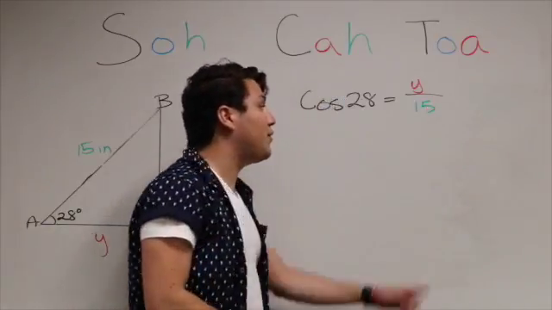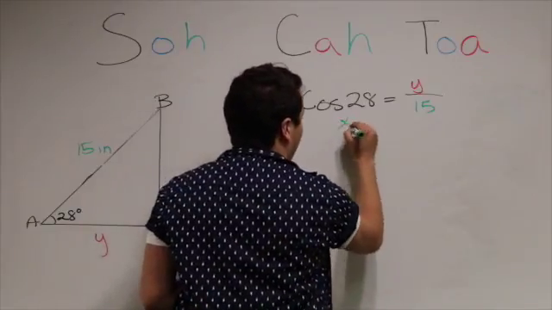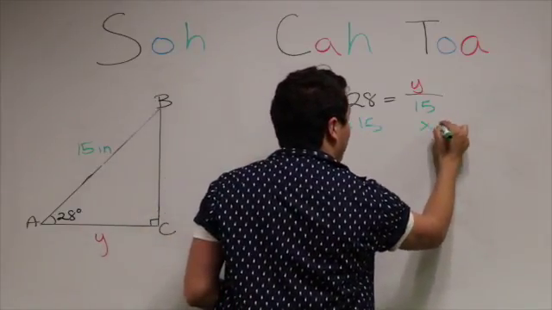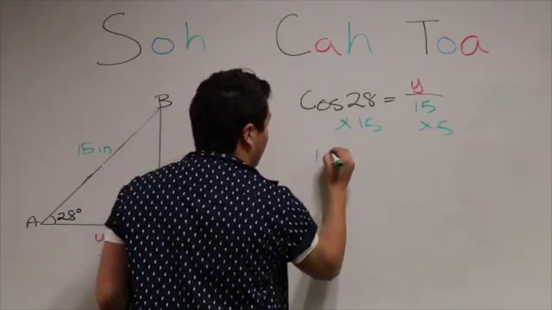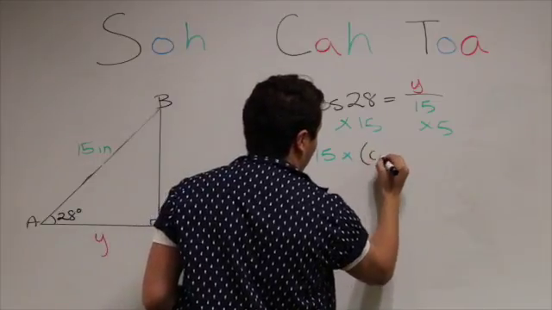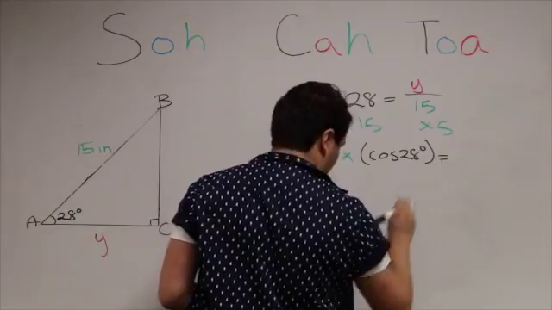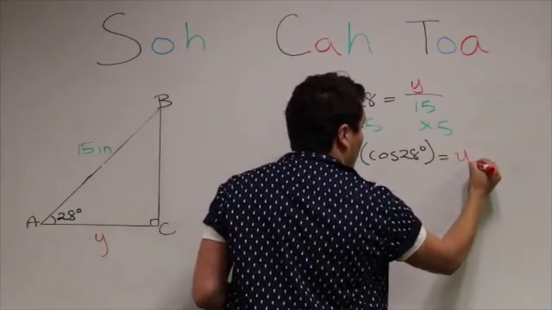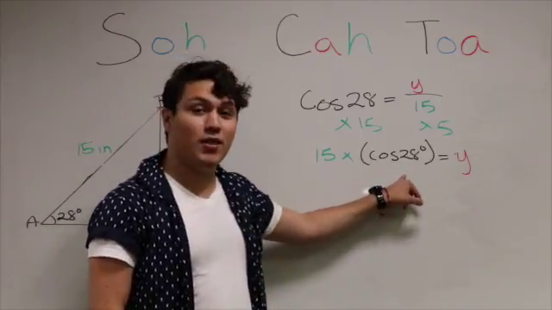Now we're going to multiply 15 on both sides to get y alone, which gives us y is equal to 15 times cosine of 28.